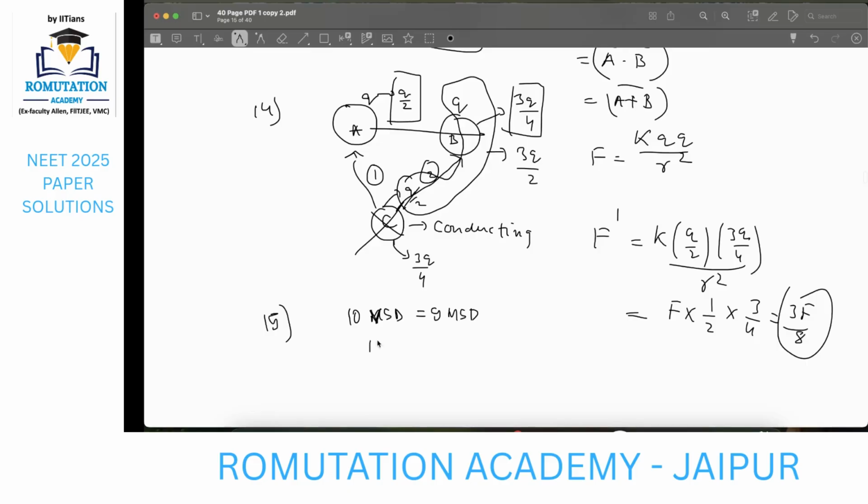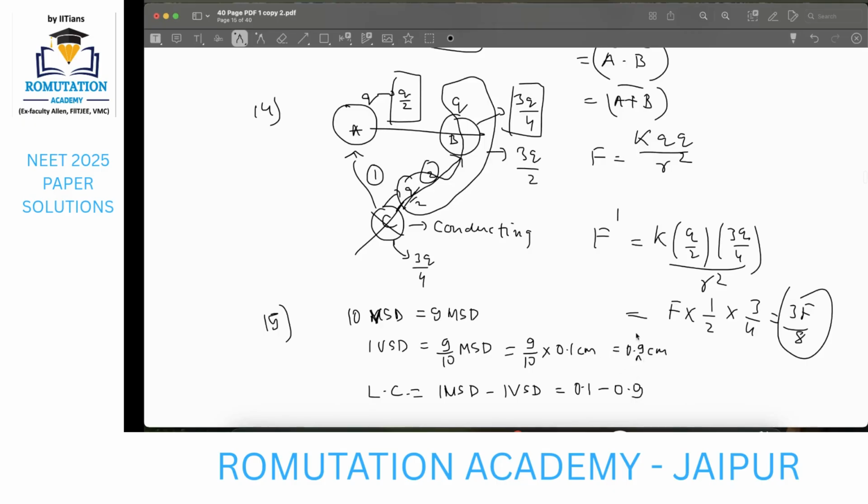So I know that 1 VSD will be 9 by 10 of a main scale division, where the main scale division for this scale is given as 0.1 centimeter, right? So this becomes 0.09 centimeter, and we know that for the least count of the measurement here, we need to do 1 main scale division minus 1 vernier scale division, which is nothing but 0.1 minus 0.09, right?